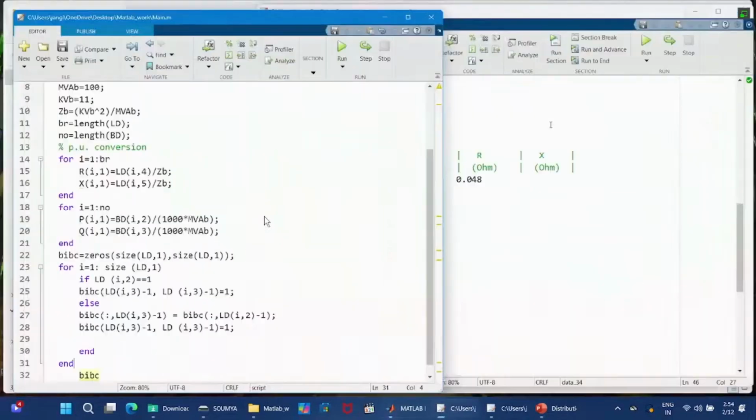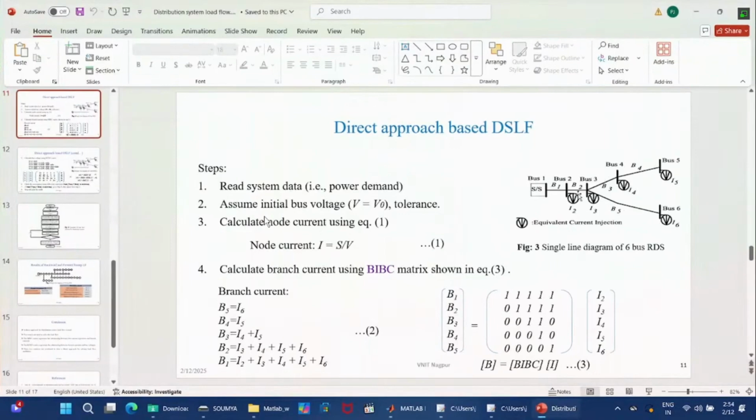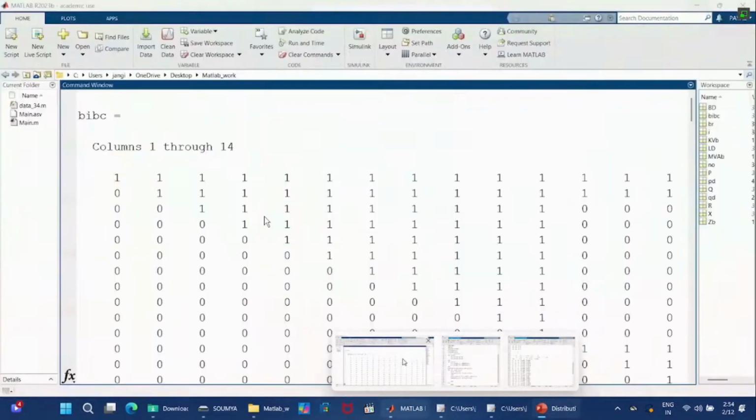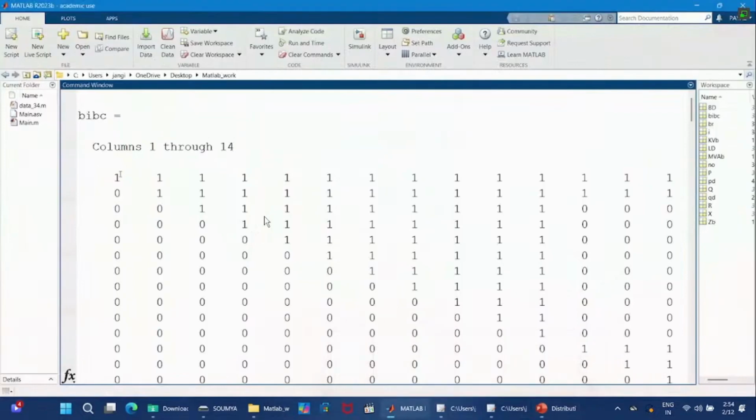Here, what I have done initially, I have designed a zero-size matrix, then checked whether this node is connected with another node or not. When it is connected, we put it as 1, otherwise it is supposed to be 0. Node number 1, as the first node, is supposed to be connected with all of the nodes.